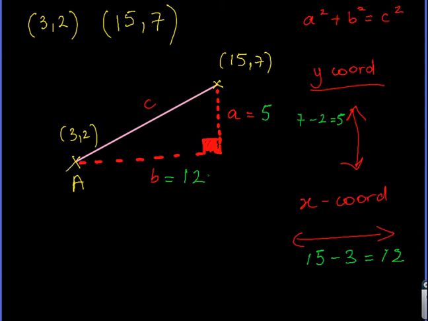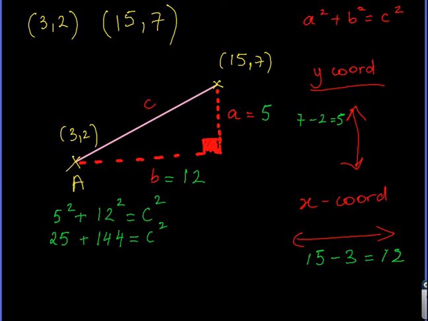And now I'm in a position where I can apply the Pythagoras formula. If you've seen my previous video, then it should be straightforward. So I'm going to replace the A with 5 and square it, plus B is equal to 12, so 12 squared, and that's equal to c squared. 5 squared is equal to 25, and 12 squared is equal to 144, and that's equal to c squared.